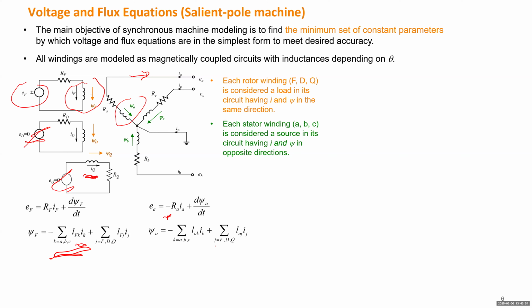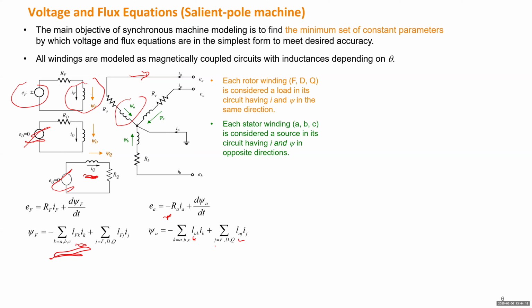Similarly, if we calculate flux linkage for any stator winding, that is also a linear combination, a summation of many atoms of mutual inductance multiplied by the current. So the first subscript is still A, and the second will be either ABC or FDQ. If the second is the same as A, this is a self-inductance.